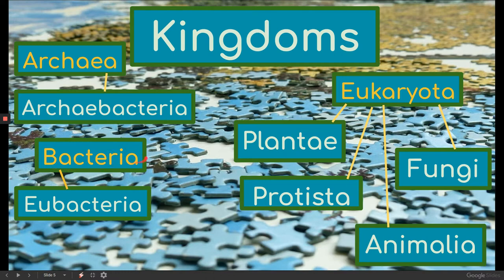The domain called Bacteria also only has one kingdom called Eubacteria. The largest of our domains, Eukaryota, actually has 4 kingdoms: Plantae, Protista, Fungi, and Animalia.